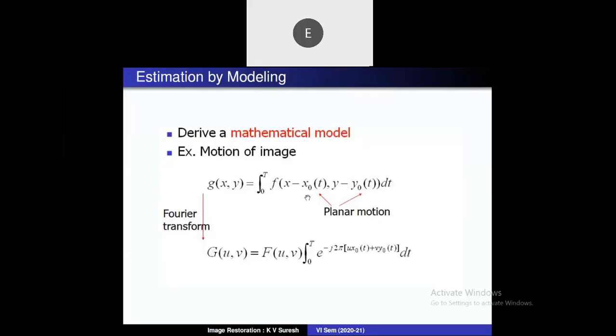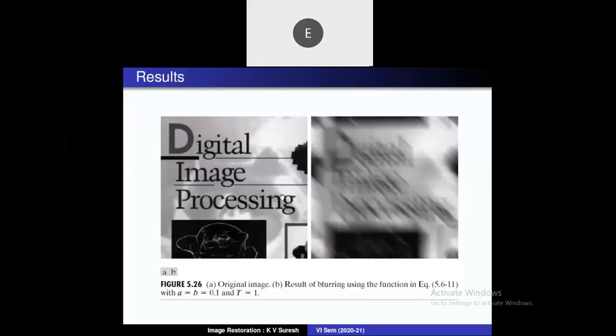That is the reason they say don't move. If I don't move, then x naught of t will be equal to 0, y naught of t will be equal to 0. That means there is no shift in the image. Therefore, in the integration you would definitely get the image without any blur. But since there is a shift in the image during the exposure time, this shift gets averaged, and because of that, you get motion blur.